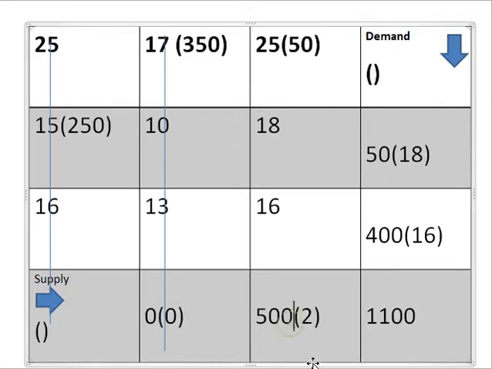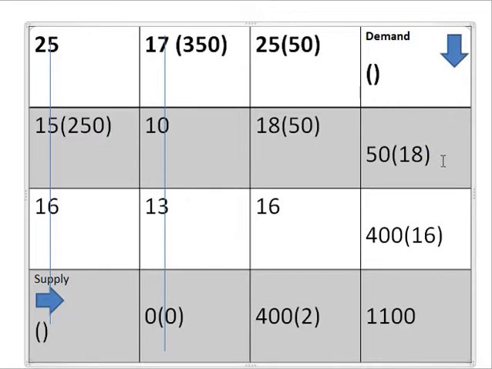Okay, and 500 minus 50 remaining is 450. Now again repeating, here it is 18, we are allotting 50 to it, 50, and we are subtracting 50 from here, it remains 400.